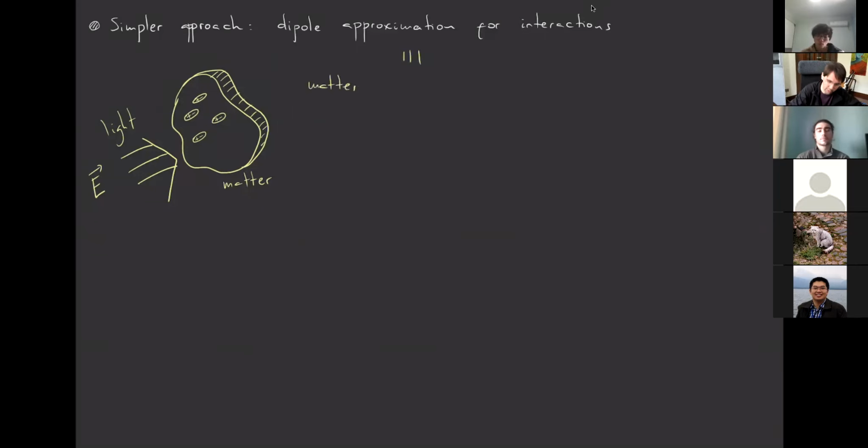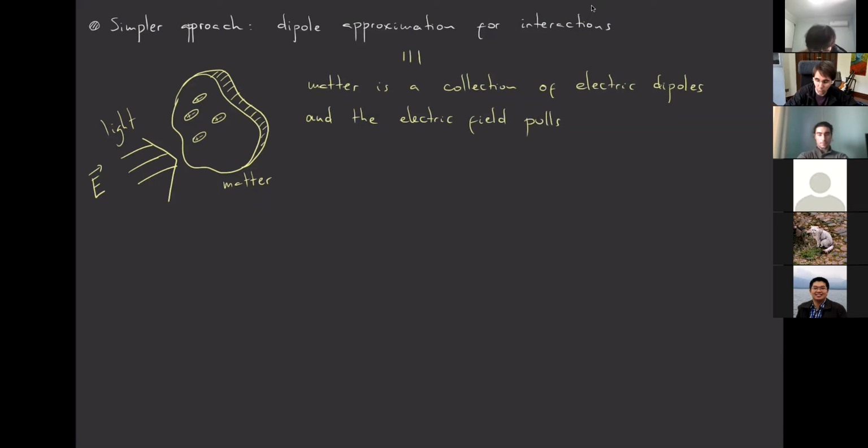This theory in which matter is just treated as a collection of electric dipoles, and the electromagnetic field essentially acts just by the electric field pulling opposite charges apart.